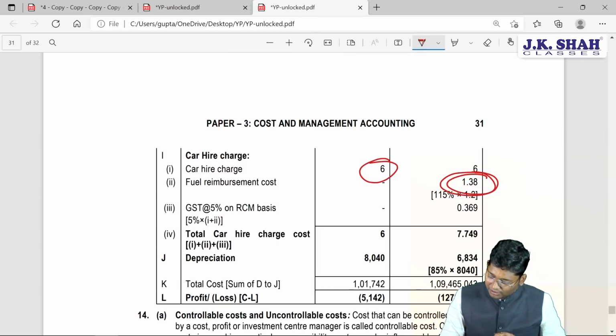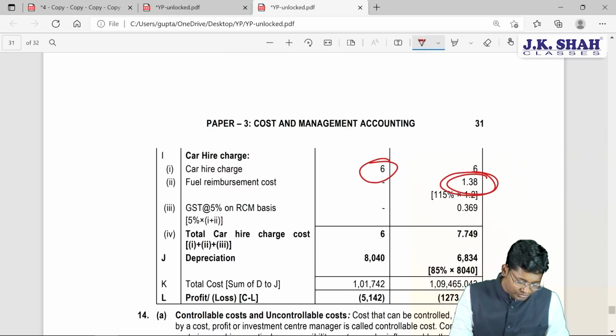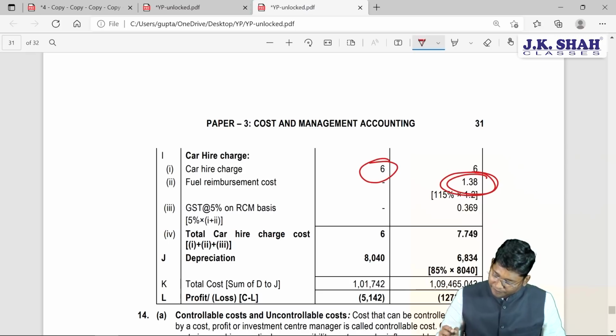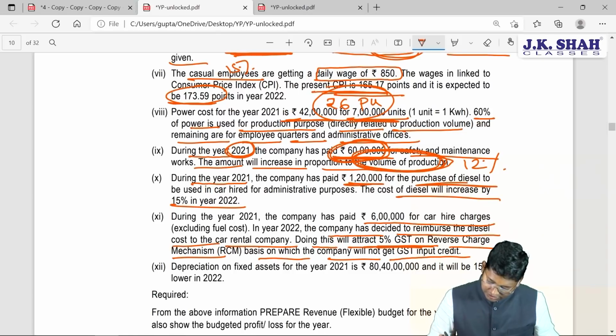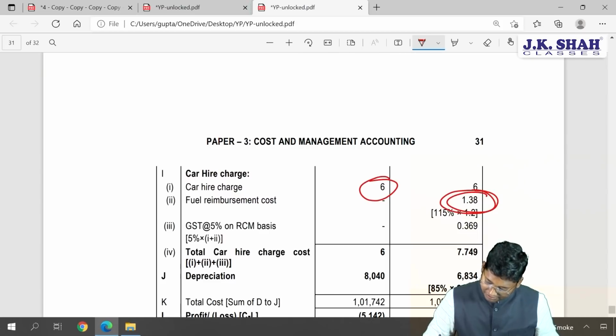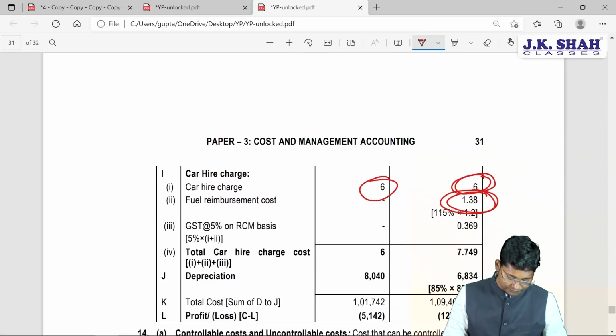So on this 138, 5% GST is applicable, and whenever you calculate the GST, you will get your GST here automatically. So on this calculation of hire charges, the reversal of 6 lakhs rupees car hire charges excluding fuel cost we have already charged, and the same hire charges we need to incur in future. Correct?